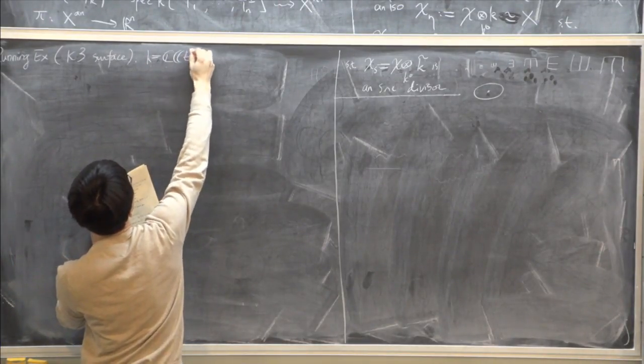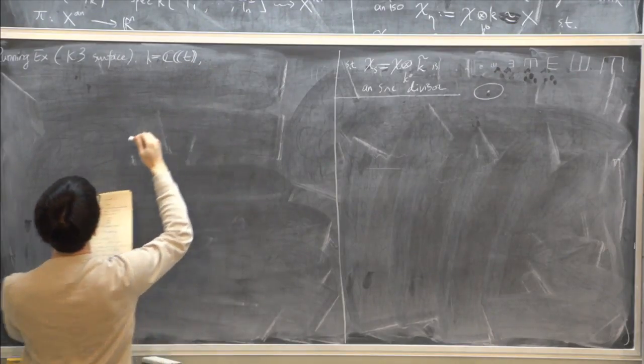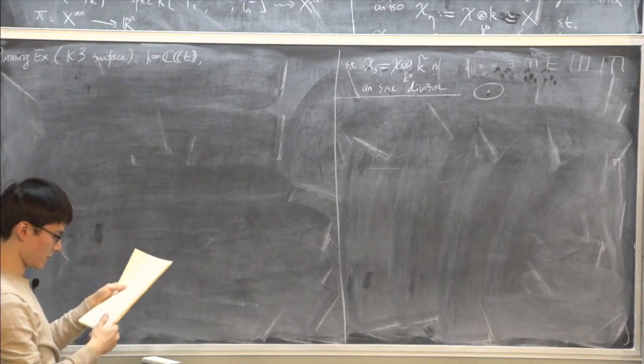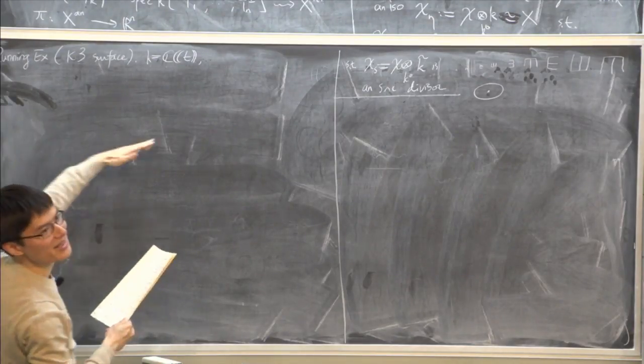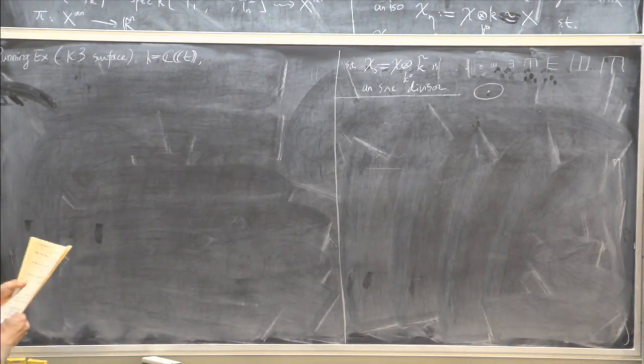We take C to be the Laurent power series field. You just remove some variables.